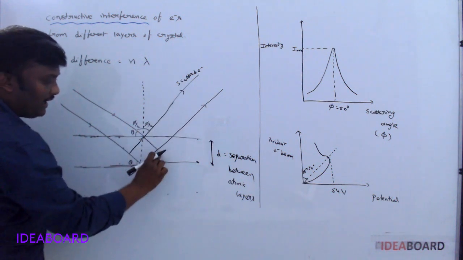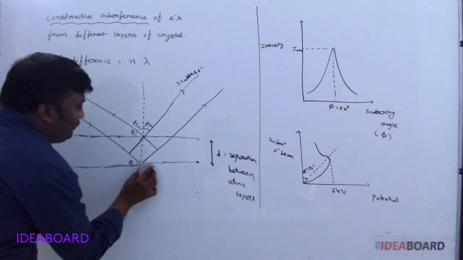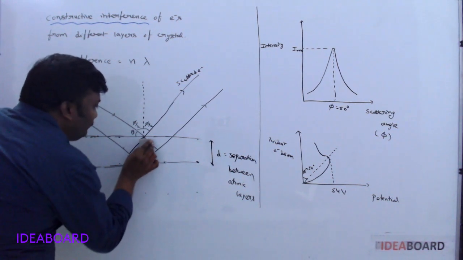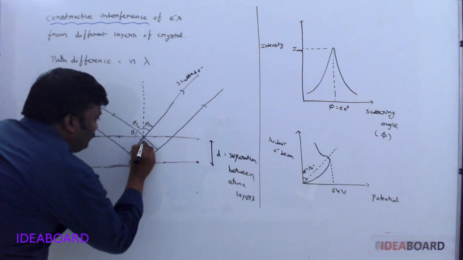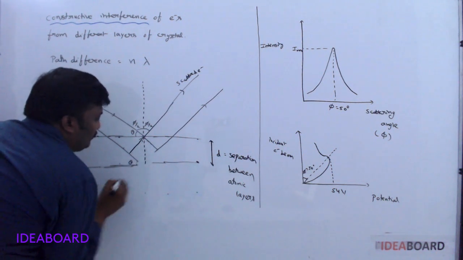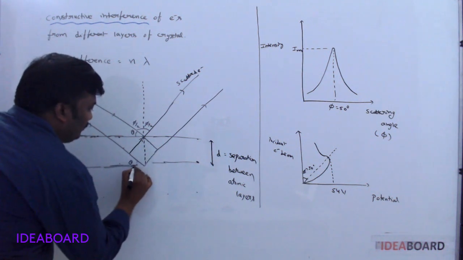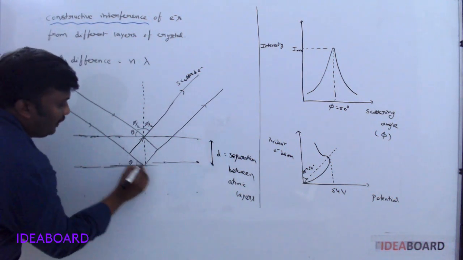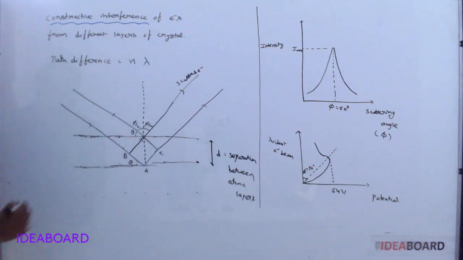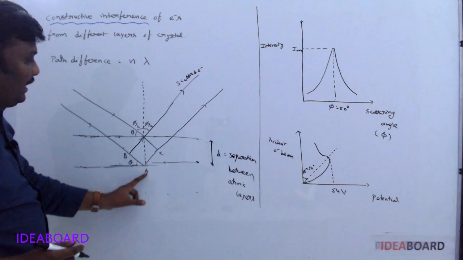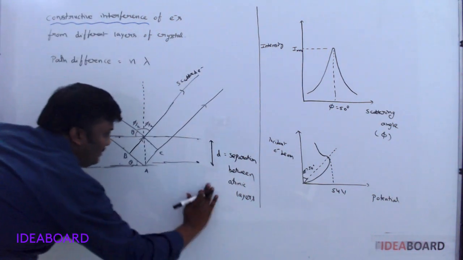So this portion is called the path difference. What is the path difference according to the diagram? Let this point be A, this B and this C. The path difference is BA plus AC. So what is the value of the path difference?